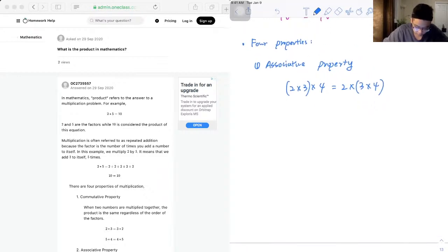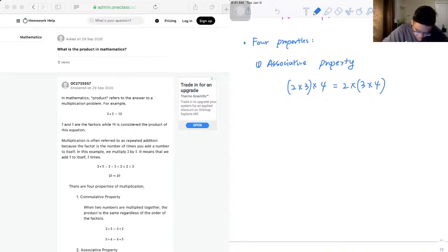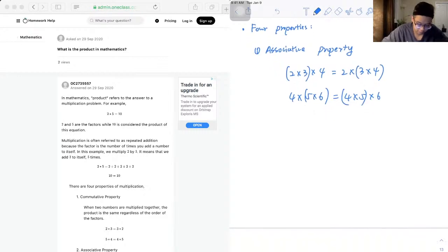So let's see. Let's say we got a 4 times 5 times 6. If we want to group the last two, it's gonna still be equal to the product if I group the first two.